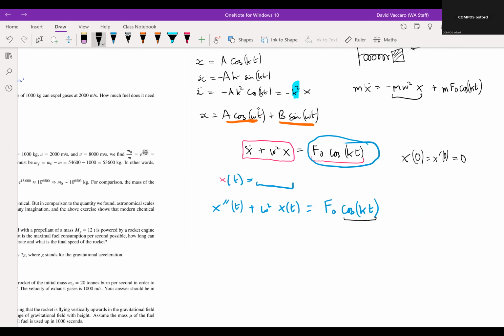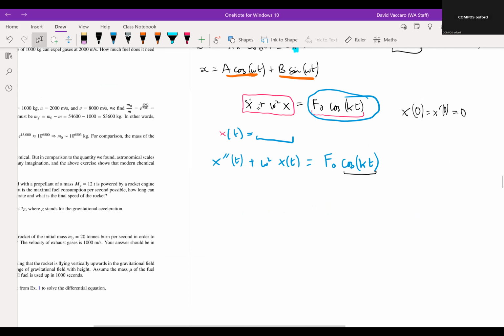So I'm just starting my oscillating system from rest in equilibrium. Right, so I'm going to guess that my solution is going to be something like a cos omega t, cos kt. And let's see what happens.